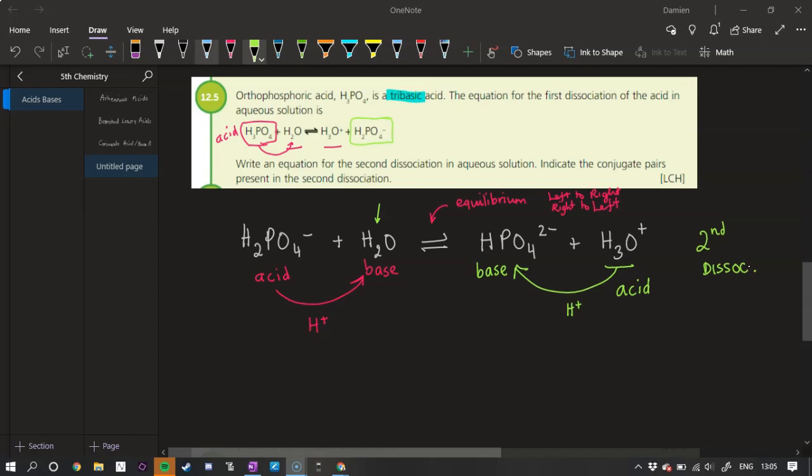To work that out, all you've got to do is take your acid on this side and your base on this side. That is your conjugate acid-base pair, and you would write that down.